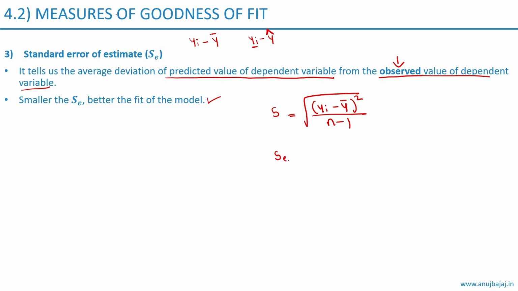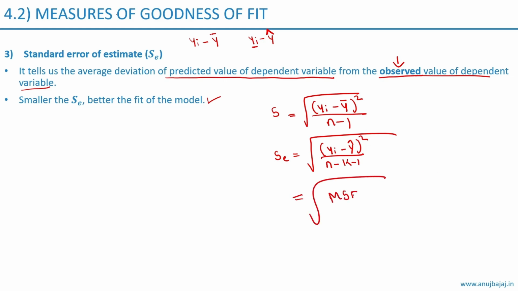Similarly, standard error of estimate equals the square root of the deviation of each observation from the predicted value squared divided by n minus k minus 1. So this is nothing but the root of mean squared error. The standard error of estimate is the root of mean squared error, and we want this to be as low as possible.